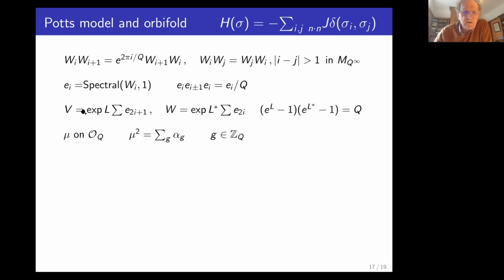And then the critical point is that the transfer matrix in this Q-state Potts model decomposes in terms of two matrices involving E odd and E even. High temperature, low temperature duality involves interchanging V and W, or E odd and E even.